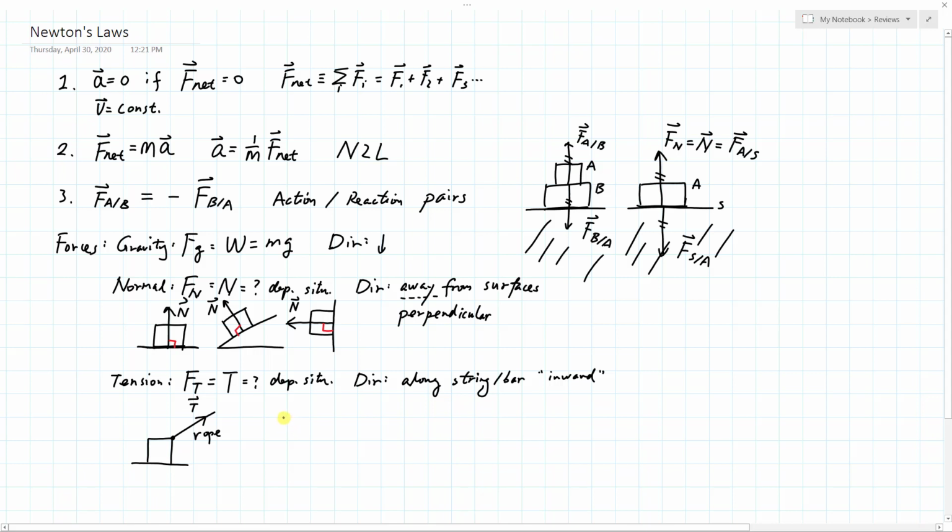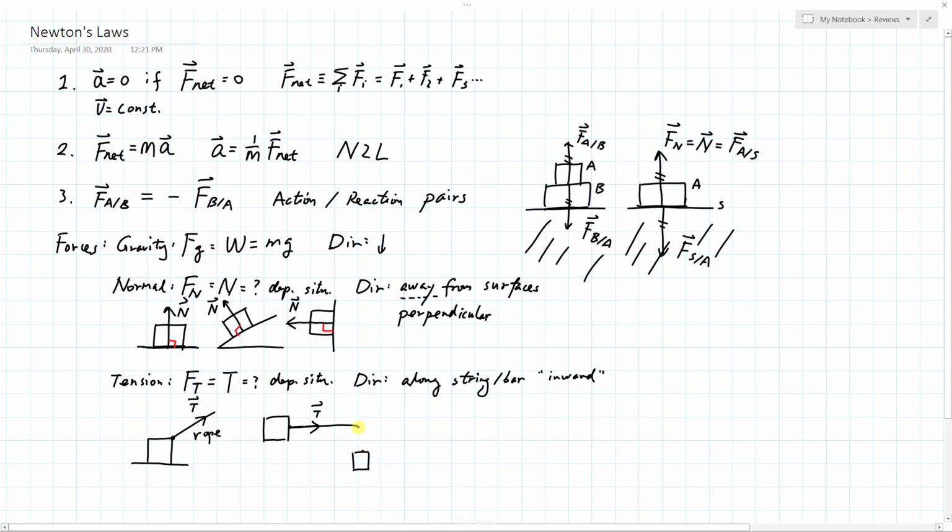And we can also have a situation like this. We have a rope or a string, but there's a pulley, and there's another object. Tension at this end tends to pull inward towards the string, so it'll pull this object to the right. Tension over here will tend to pull inward, and that will pull this object upward.